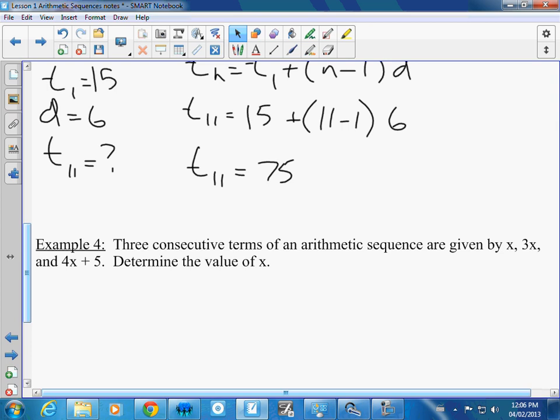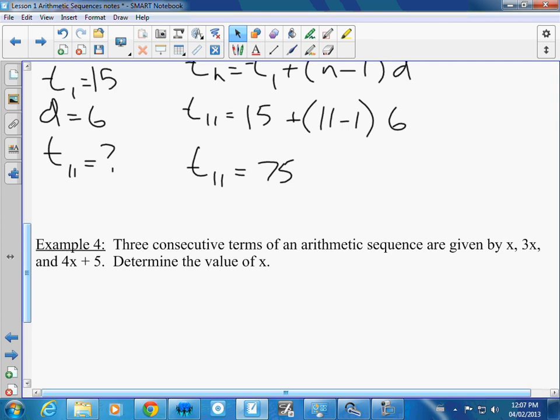Okay. So the terms are what? What's the first term? What's the second term? What's the third term? Okay, they're different, right? They're not just numbers, they're polynomials. Okay, here's the thing. If they're consecutive, what do we know about them?